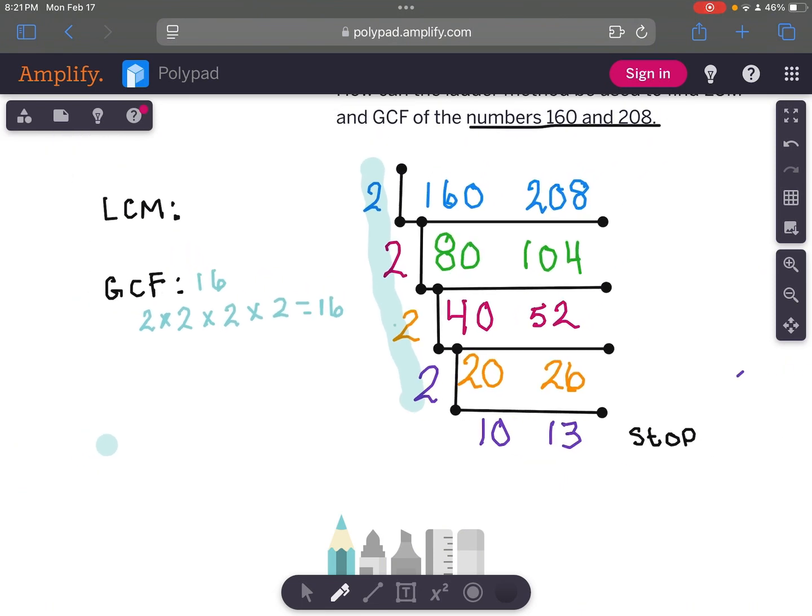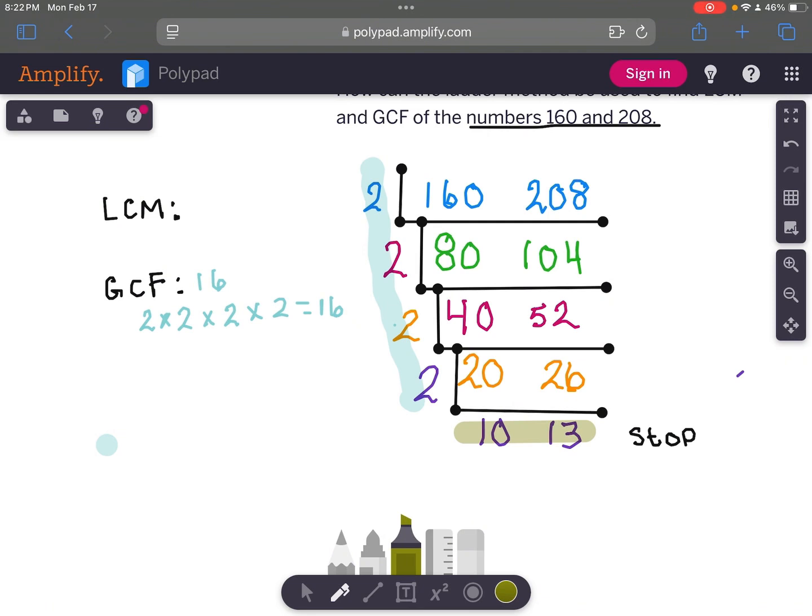So, least common multiple. How would we solve this? To find our least common multiple, we take the GCF, our greatest common factor, and multiply it by the leftover numbers. Which ones are our leftover numbers? There are these ones, 10 and 13.